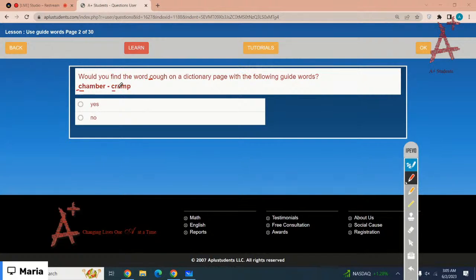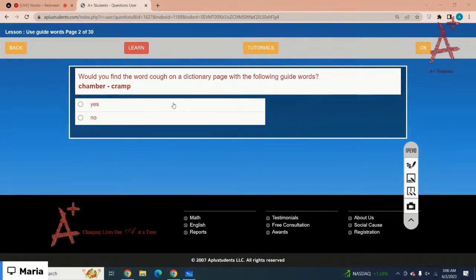Here you have H and here you have R. And the second letter of cuff is O. Do we have O in between H and R? Yes, we have H, O, P, Q, R. O is in between H and R. That means yes, you can find the word cuff on the same page as chamber and cramp. Got it? The correct option is yes.